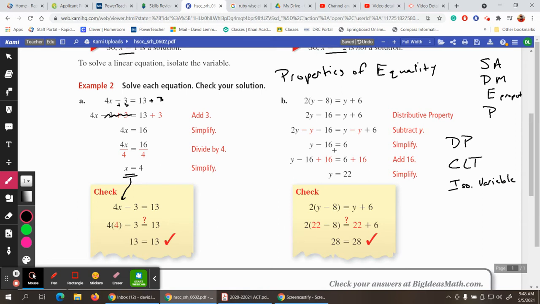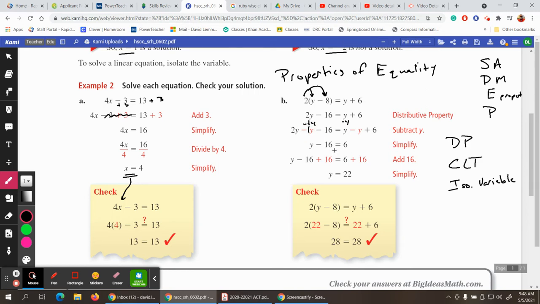Here we can use the distributive property, so the 2 goes to the y and is multiplied by the -8 as well. 2y minus 16 equals y plus 6. There are no like terms. I'm going to isolate the variable, which means get the variable on one side of the equation. So I subtract a y from both sides, and that is a 1y that you're subtracting.